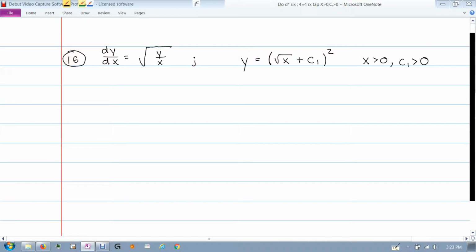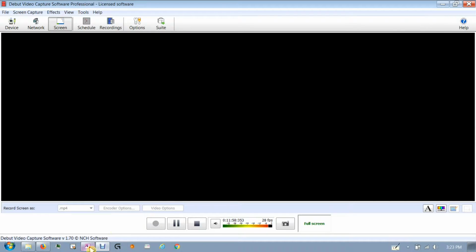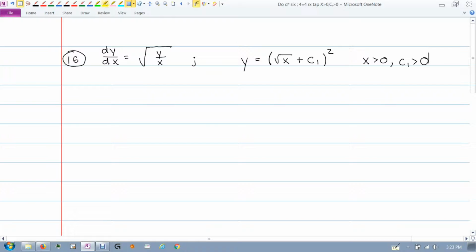Let's go ahead and recognize that we only need the first derivative, so let's go ahead and take that. So for the derivative of this, first we need to take care of this chain rule here. We've got the second power here, that's going to have to pop out front. We're going to have root x plus c sub 1 to the first power.